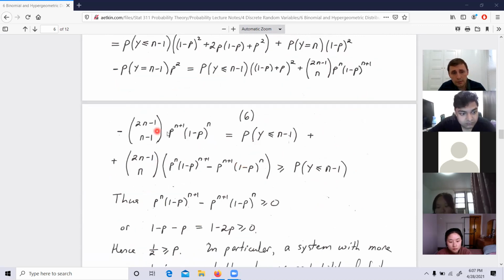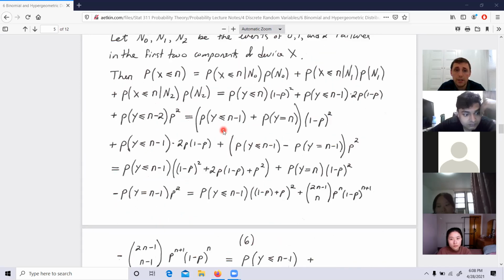When I factor and work it out, we get that this quantity has to be bigger than 0. You just do the algebra. Basically, we compare.